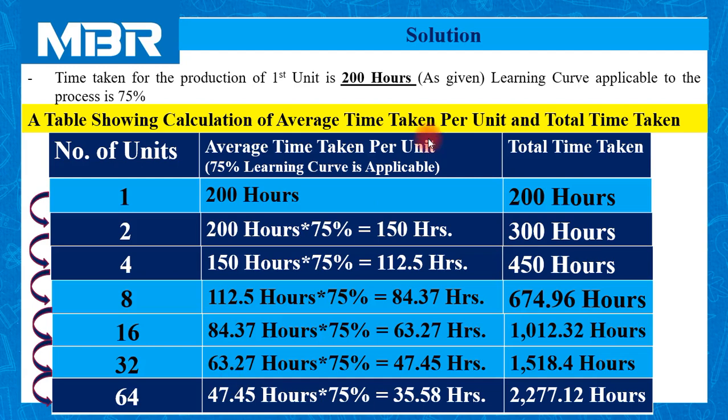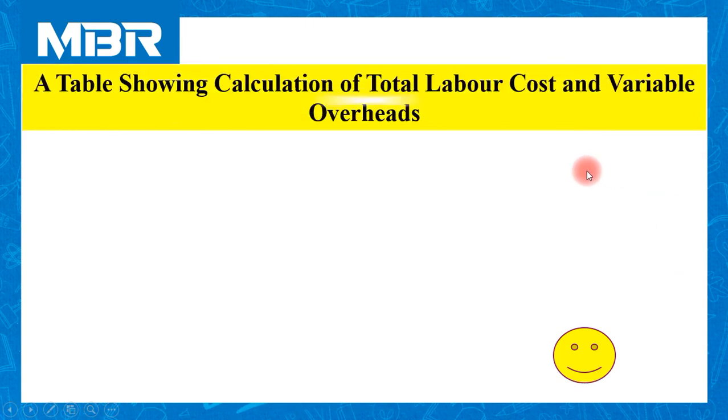Now from this table we need only information related to 2 units, 4 units and 64 units in order to calculate our expenditure. Let us move to the calculation of the next item using these details.